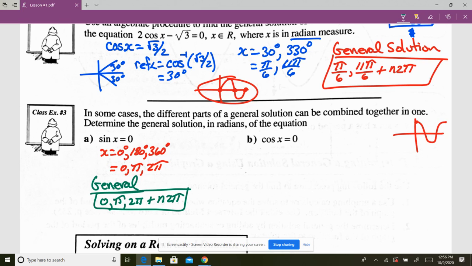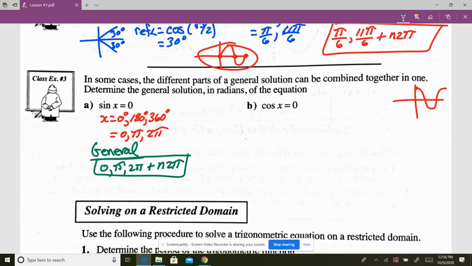I'm not going to mark that wrong. Can anybody see a way to simplify that to one statement? Look at these answers. 0, pi, 2 pi. You would get 3 pi. You would get 4 pi. You would get 5 pi. They're all multiples of pi. So you could just write n pi. And that would give you all the answers as well.